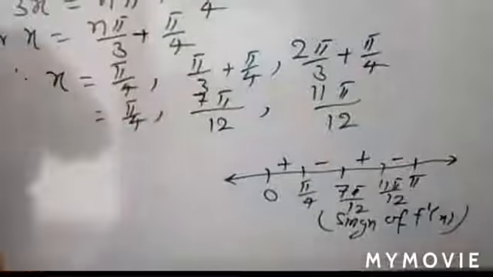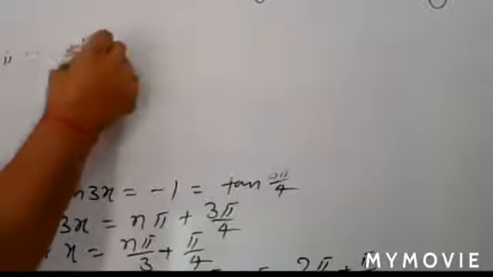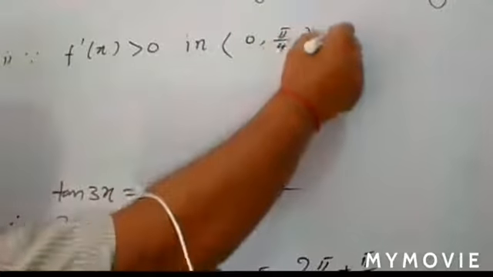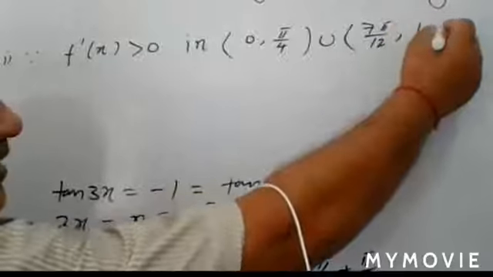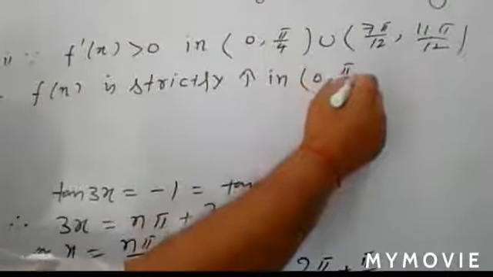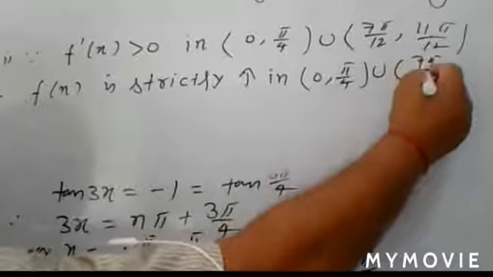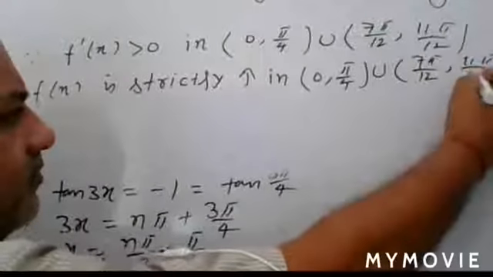You write it: since f dash x is greater than 0 in 0 to pi by 4 union 7 pi by 12 to 11 pi by 12, f(x) is strictly increasing in 0 to pi by 4 union 7 pi by 12 to 11 pi by 12.